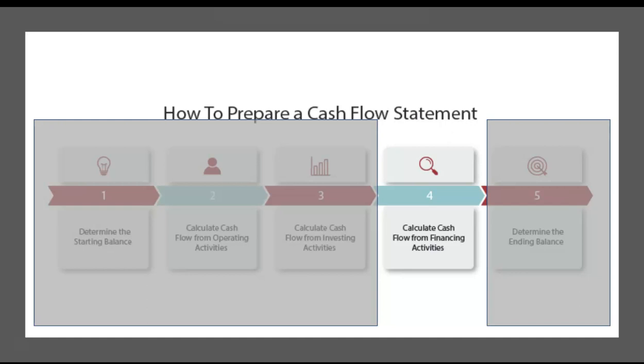When using GAAP, this section also includes dividends paid, which may be included in the operating section when using IFRS standards. Interest paid is included in the operating section under GAAP, but sometimes in the financing section under IFRS as well.